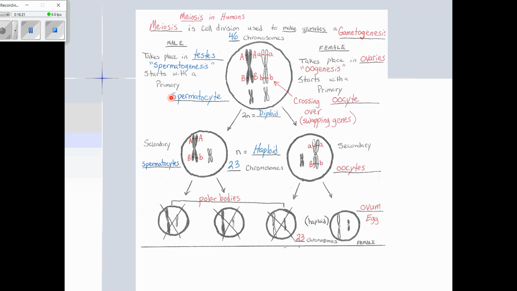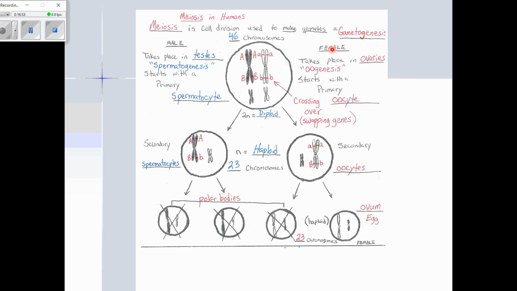So in animals, and in the entire animal kingdom, meiosis is cell division that's used to make gametes. Sometimes another word for meiosis in animals is gametogenesis, which just means creation of gametes, creation of sperm and egg. And of course, it happens both in males and females.